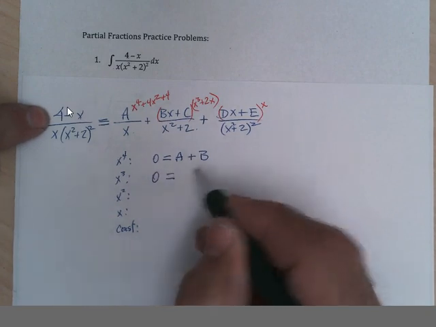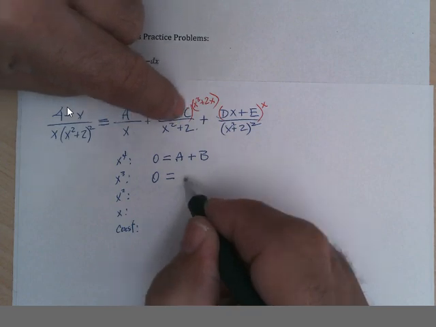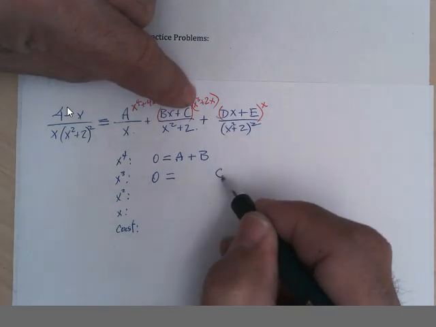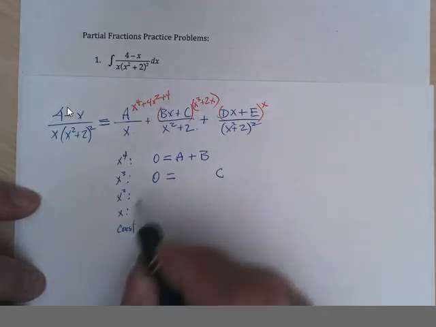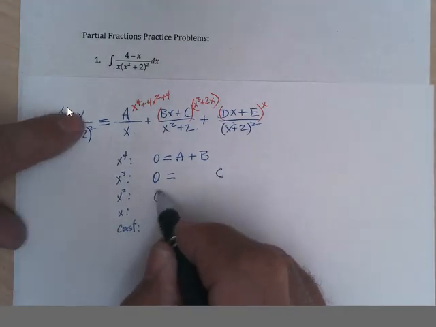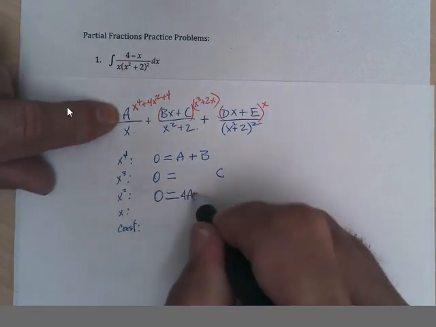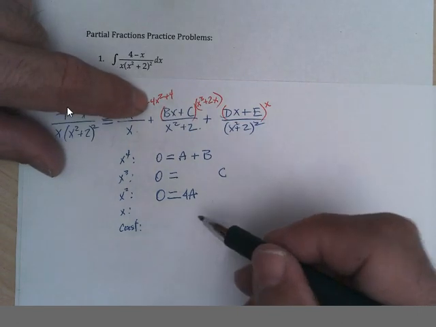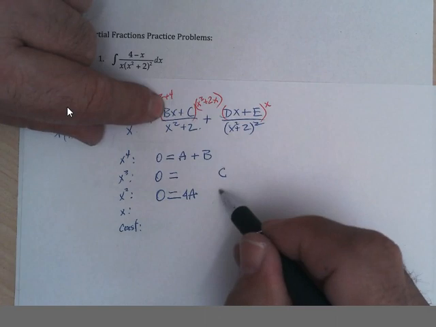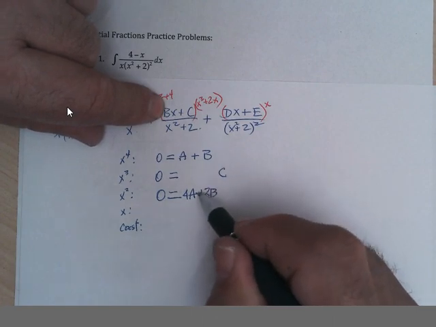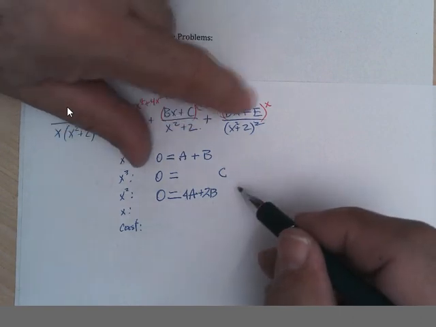No x to the 3rds: Cx to the 3rd, and no other x to the 3rds. X to the 2nds: 4A, 2B, and D.